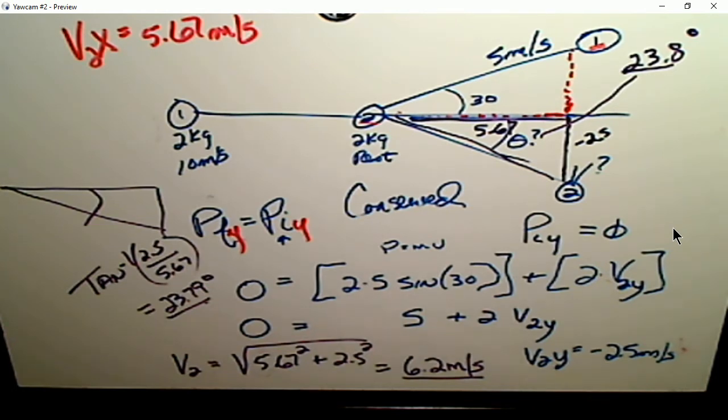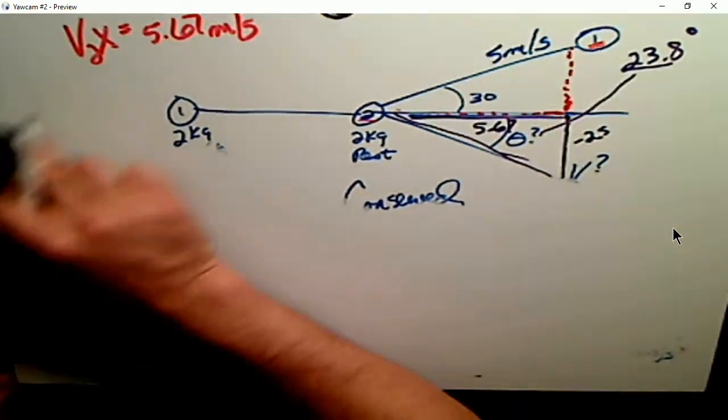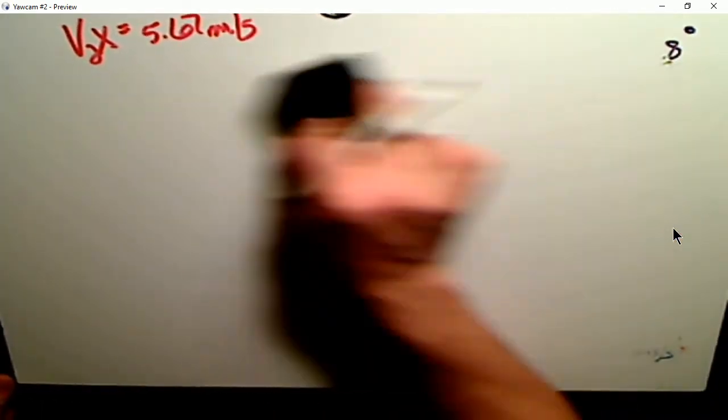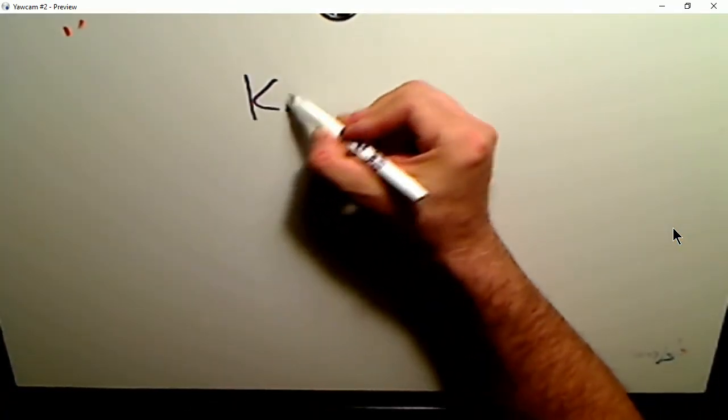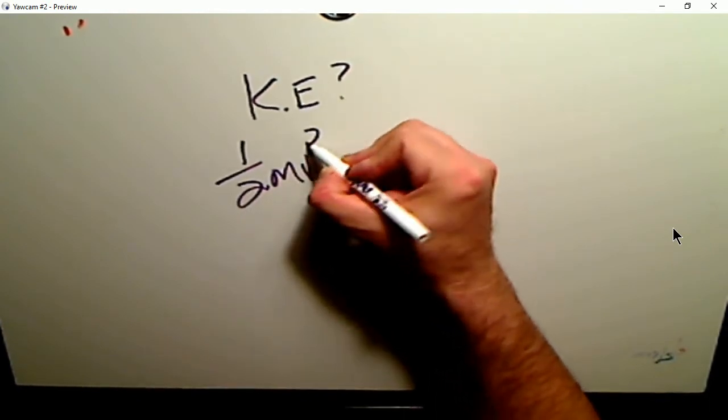So, that's an interesting problem in and of itself, but let's also look at another piece of this: kinetic energy. Before, if you remember, the equation for kinetic energy is 1/2 mv squared.